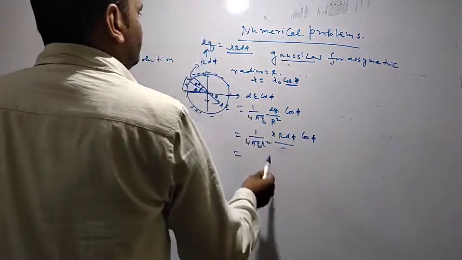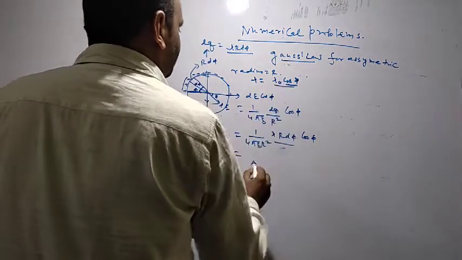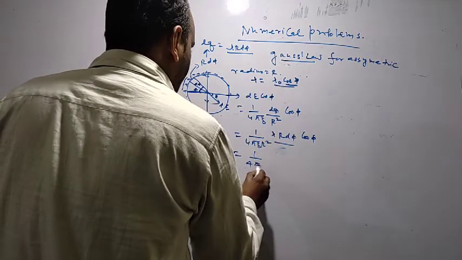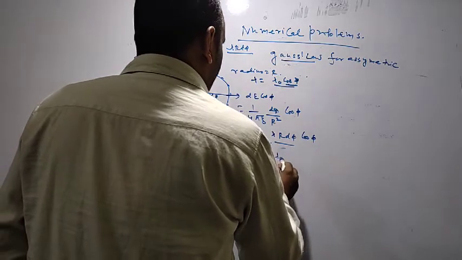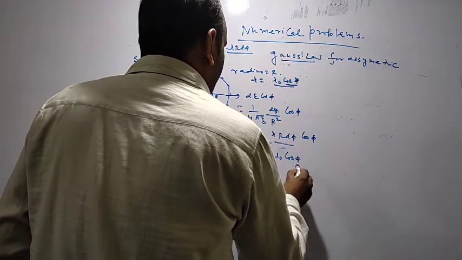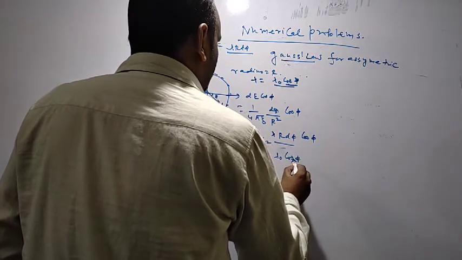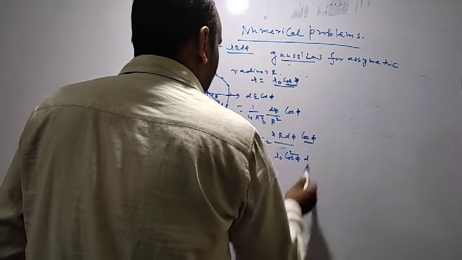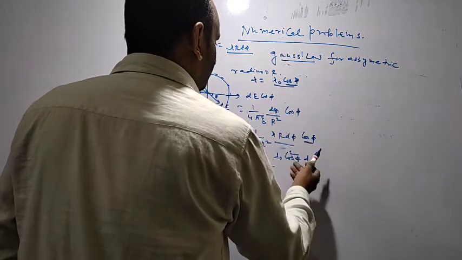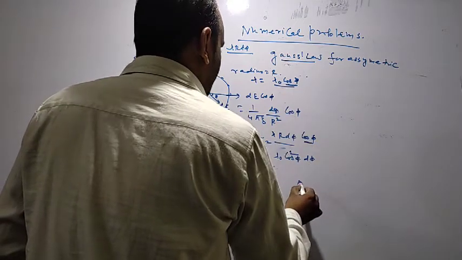Now lambda is lambda naught cos phi, so this cos phi and this cos phi give cos square phi d phi.